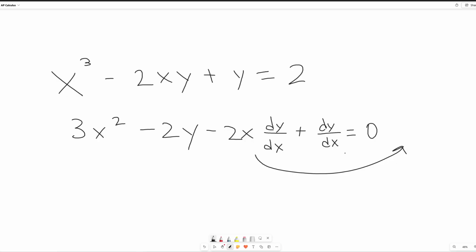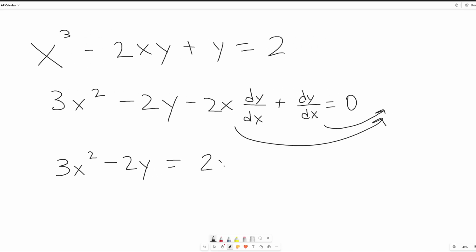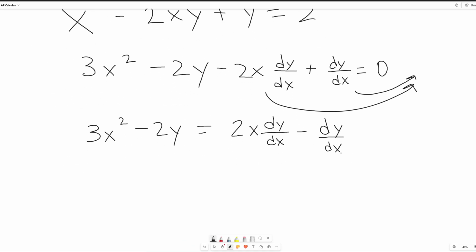So we can move these both onto this side. So now we will have 3x squared minus 2y equals 2x dy over dx plus, or I should say minus, dy over dx. Now, if you wanted to solve for just dy over dx, you would look over here and you can factor out dy over dx because we have all of the dy over dx terms on this side.